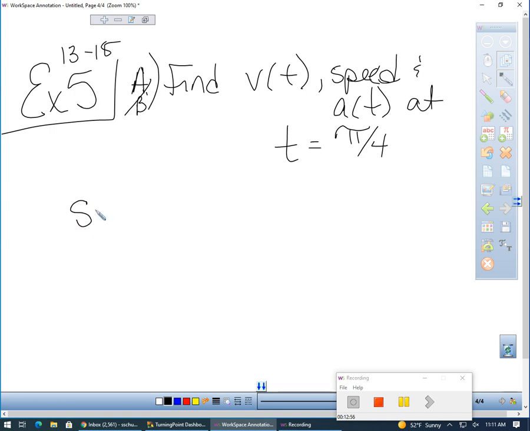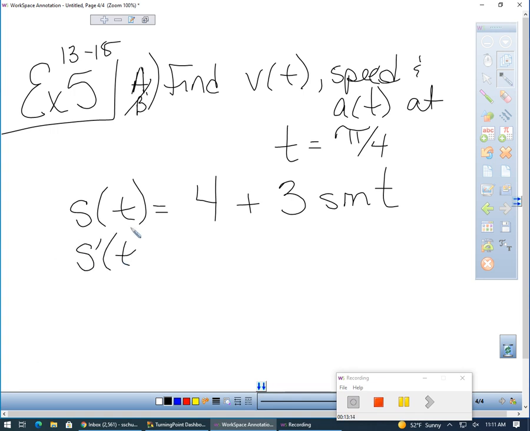Let's say S of t equals 4 plus 3 sine t. Let's find all of our equations first. S prime of t, which is our velocity: the derivative of 4 is 0, so that's gone.